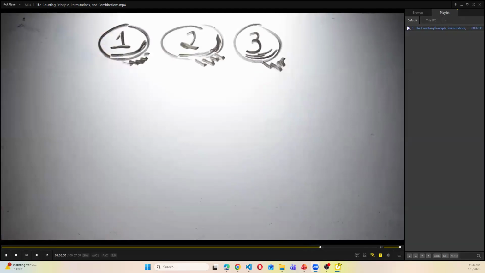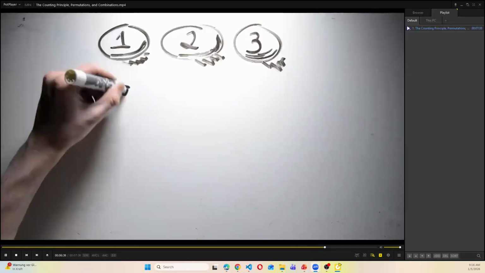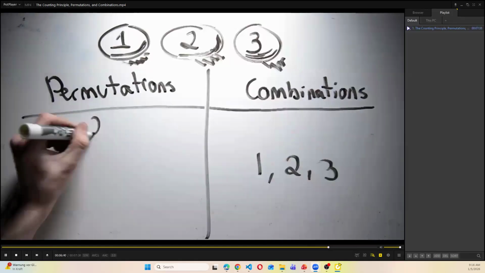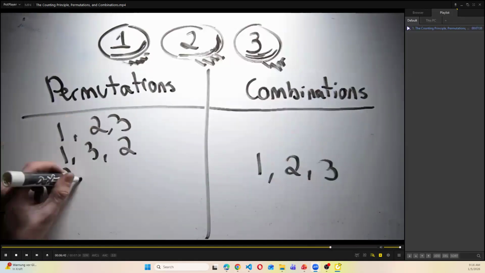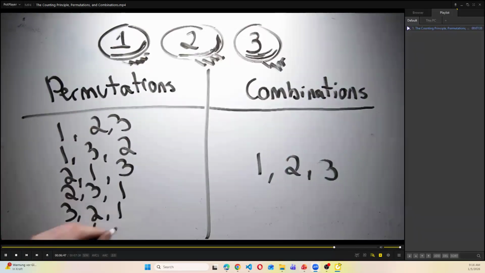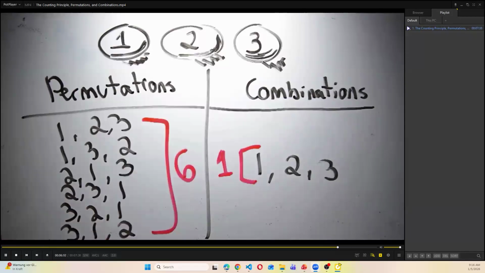The possibility of picking 3, 2, 1 is a different permutation than 2, 3, 1, but still the same combination. Since each combination includes multiple permutations, we're going to have fewer combinations of balls than permutations of balls. In fact, there's only one combination of balls to pick in this example, but there are 6 permutations.